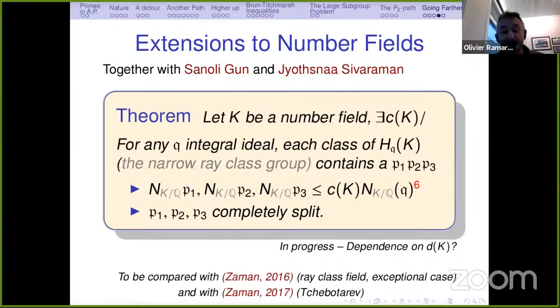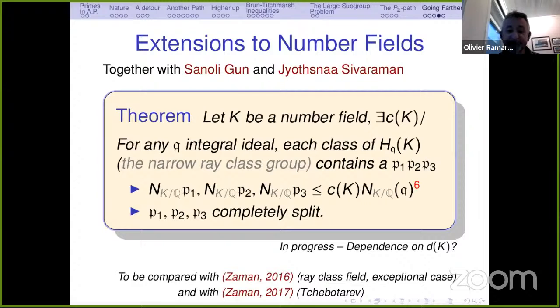So what we have, if the proof is correct at least, is that now we can find primes that are completely split, and the norm of each of them is bounded by the norm of Q to the power 6. And you know that these primes belong to the specific class of H_Q that you've chosen at the beginning.